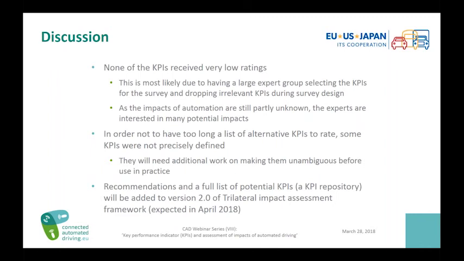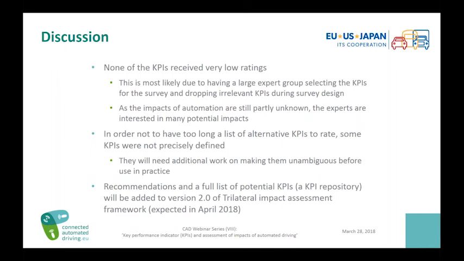You can also note when you take a look at the KPI definitions that they are not extremely precise. So of course, if you want to calculate a certain KPI, you need to make a more precise definition of what is meant by each and every one of them.